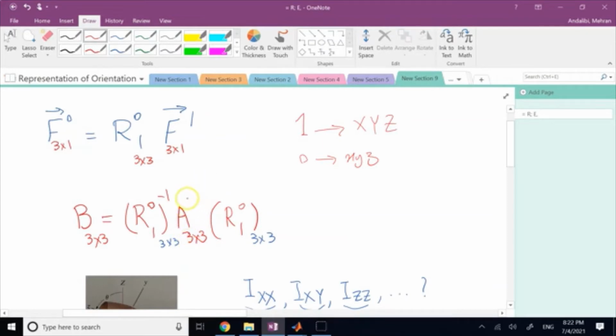A, if you remember, was written in frame 1, B was written in frame 0.